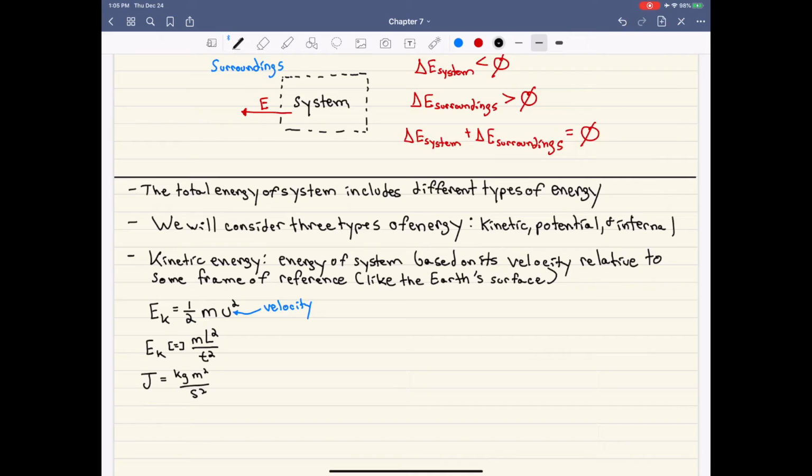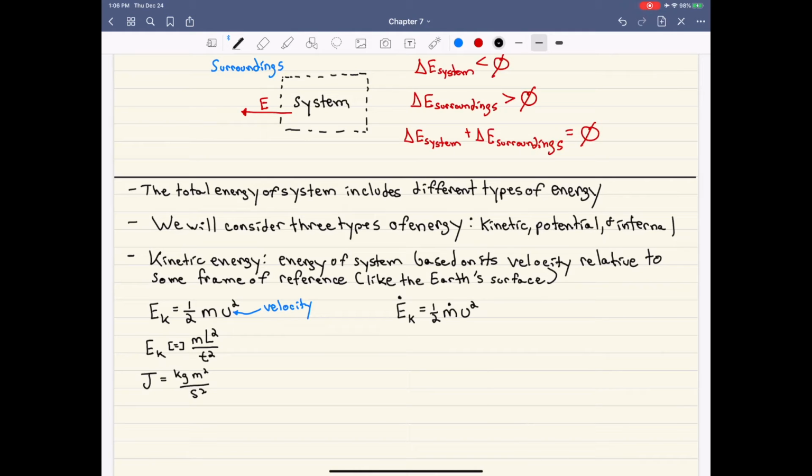Now, if we're dealing with an open system, rather than calculating an energy, what we're going to calculate instead is an energy rate. Right? And so a kinetic energy rate, which I symbolize as E sub k with a dot on top, is going to be equal to 1/2 times a mass flow rate, so with a little dot, times the velocity. Okay?